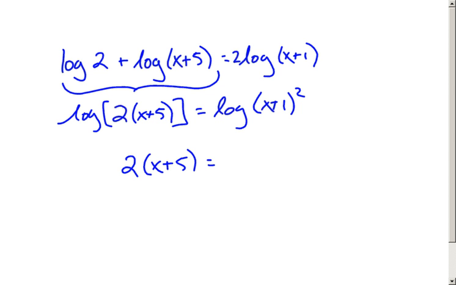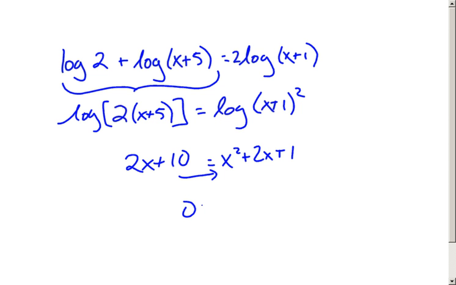So then you take this and move all of this stuff over. Probably should have just written this like 2x plus 10. And move all that stuff over. 0 equals x squared minus 9. Ooh, this is serendipitous. Not bad for making it up off the top of my head.